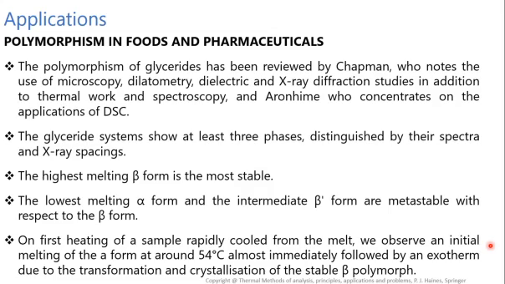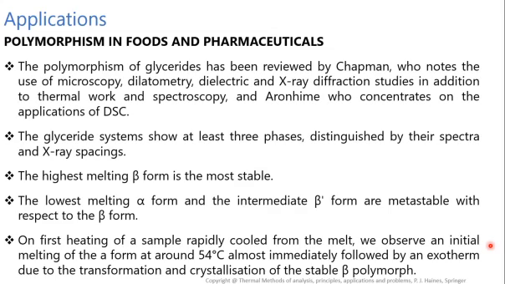The most stable form is called the beta form, which is obviously high melting. The lowest melting is found to be the least stable, called the alpha form, and intermediate between alpha and beta, there is a beta dash form, which we can call a metastable form.